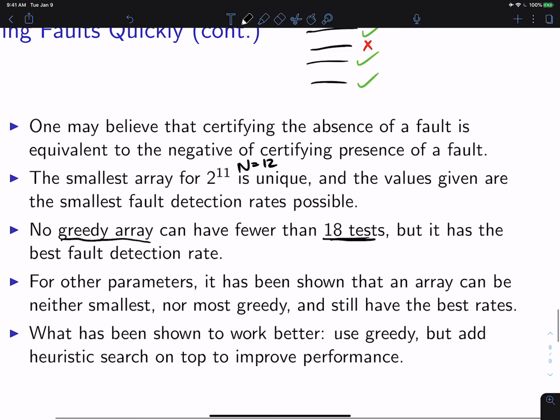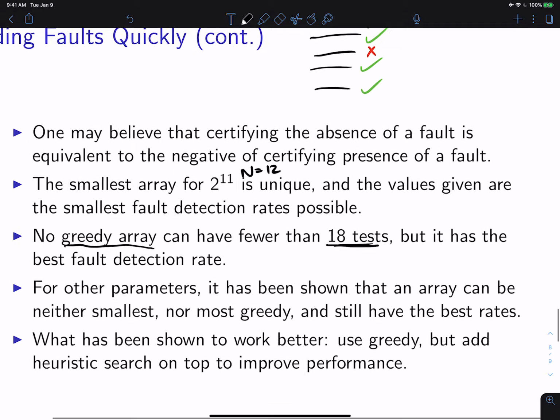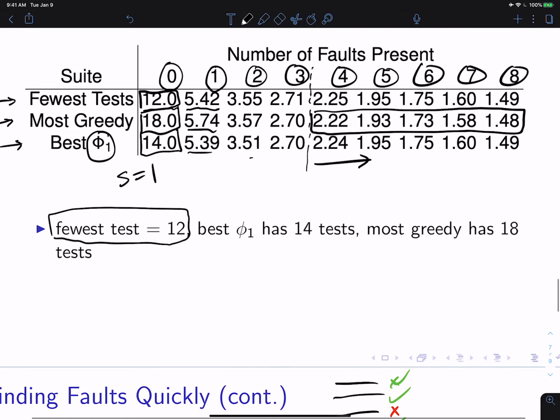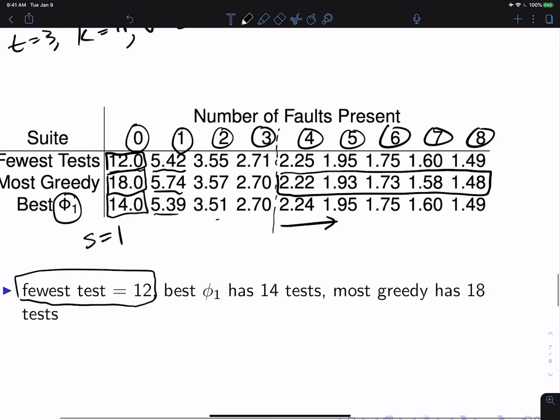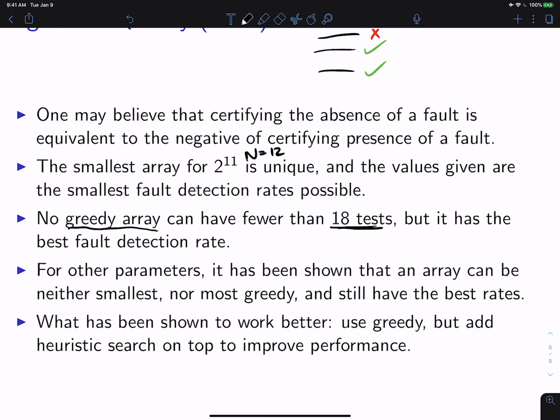But it has been shown that an array could be neither the smallest one nor the most greedy and still have the best fault detection rates. So in this case, greedy happened to win, but it turns out that there are other methods that are not greedy nor have the fewest tests, but still have the best fault detection rates, or at least better fault detection rates than these other two methods.